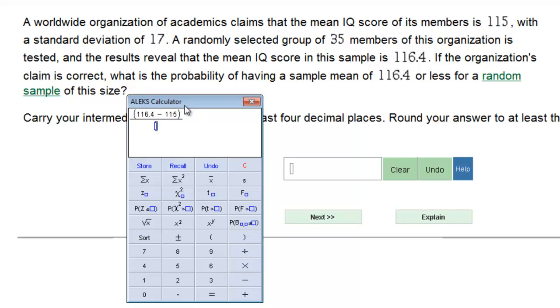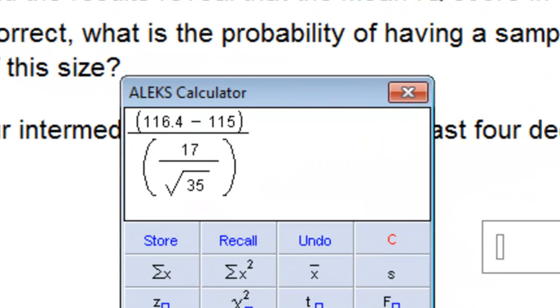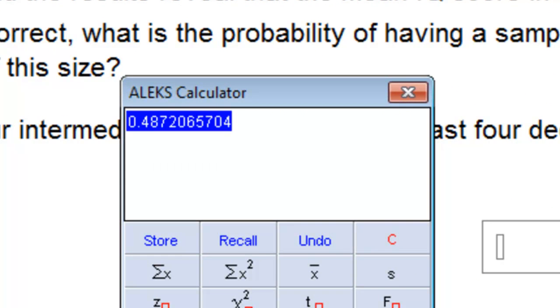And we're going to divide that by the standard error, which is the standard deviation 17 divided by the square root of 35. And because it's 35, even though they don't tell us it's normally distributed, we're okay using this formula. Okay? So I hit enter, and this is my z-score.